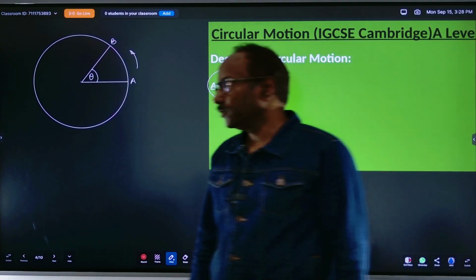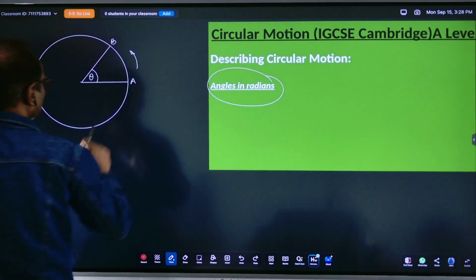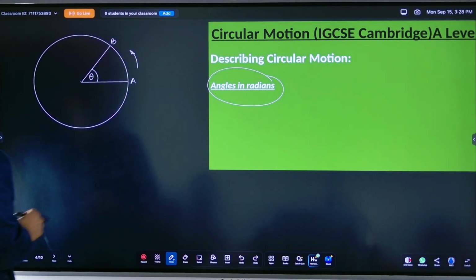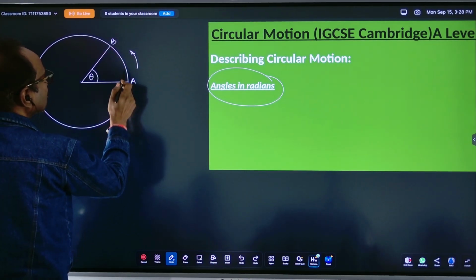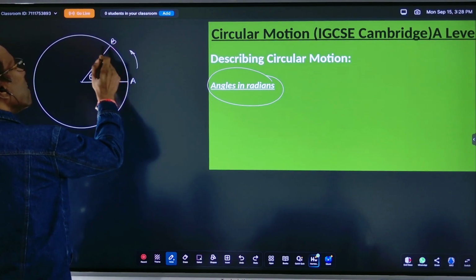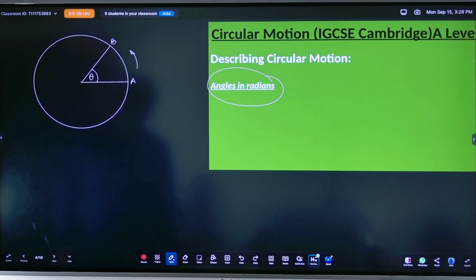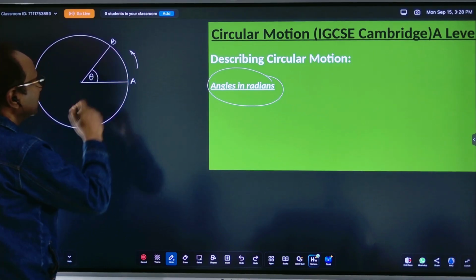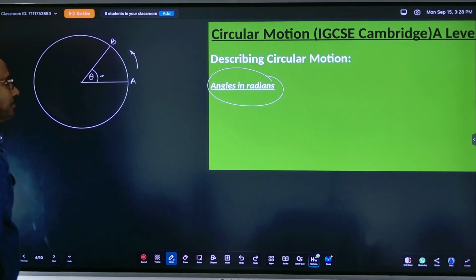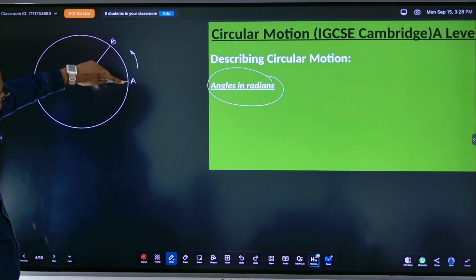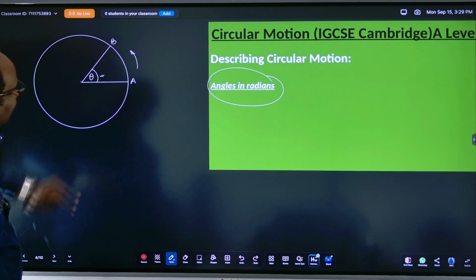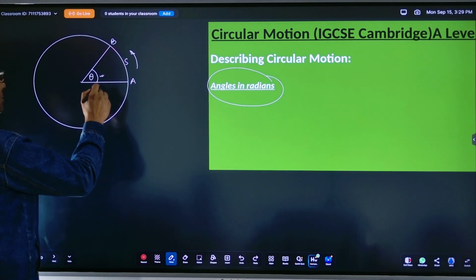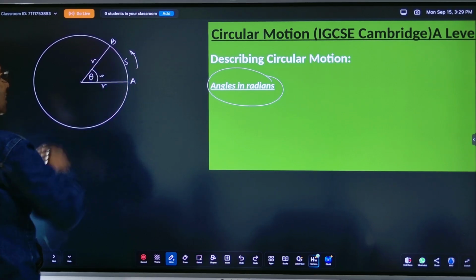If a particle is moving anti-clockwise in this circular path on this circle and moves from A to B on this circular arc, it is subtending an angle theta at the center, and we say that this arc length is S and the radius of the circle is r, small r.